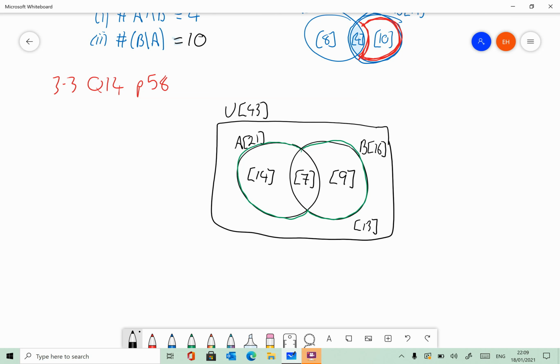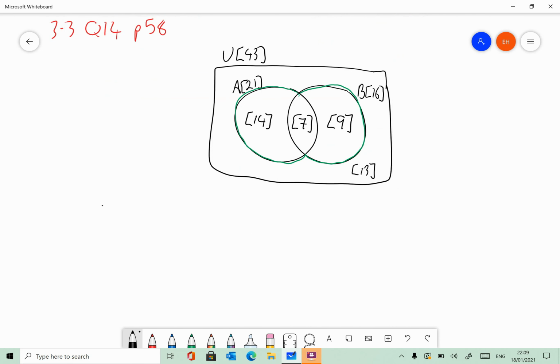Okay, so then we're asked some questions just like the last question. Question 1 was the size of A intersection B, and that's going to equal 7. The size of, or the cardinal number of B without A, and that's going to be equal to 9.